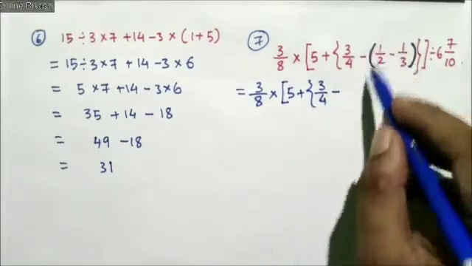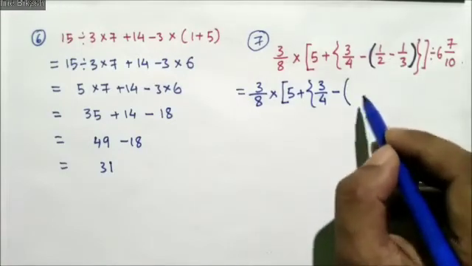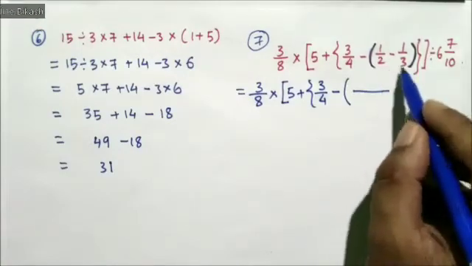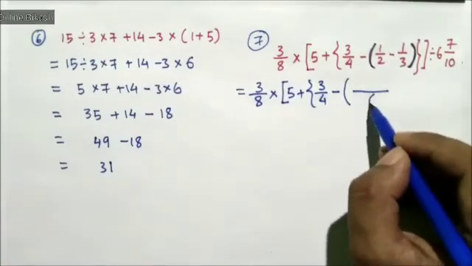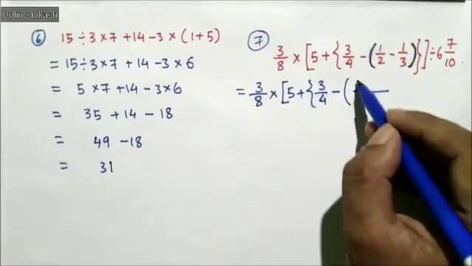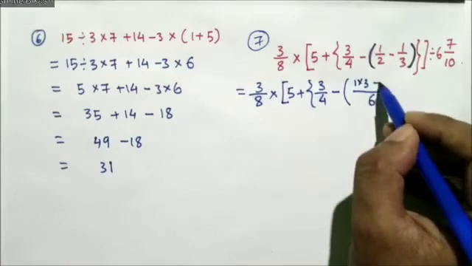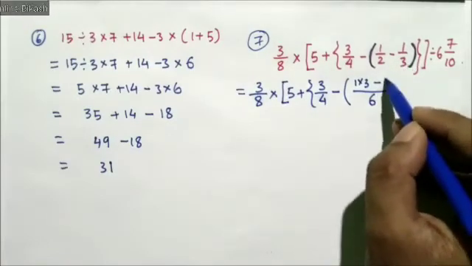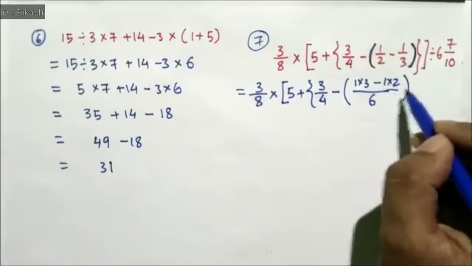Now we will do this one. 2 and 3, what will be the LCM? LCM of 2 and 3 is 6, so 2 3s are 6, so 1 3s is 1 into 3, minus 3 2s are 6, so 1 into 2. Clear?